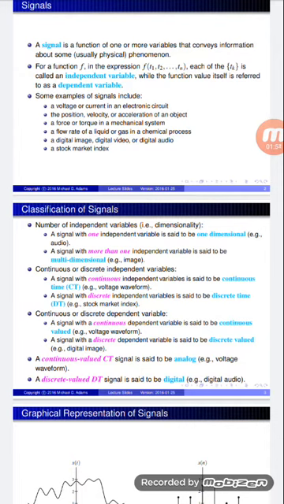That means the signal contains several elements like t1, t2, t3 up to tn.